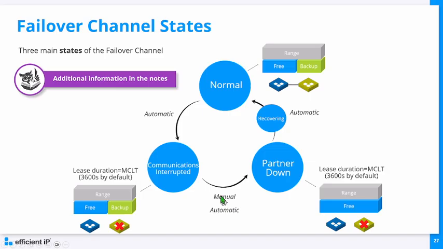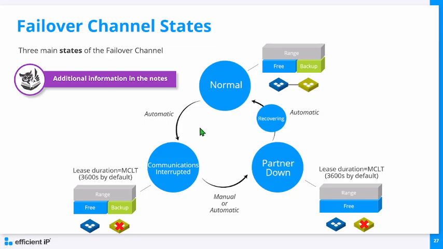If not, you can manually do the partner down. When the failover channel is in the partner down state, the surviving DHCP server will own the full range of IP, and it will offer IP from the entire range.